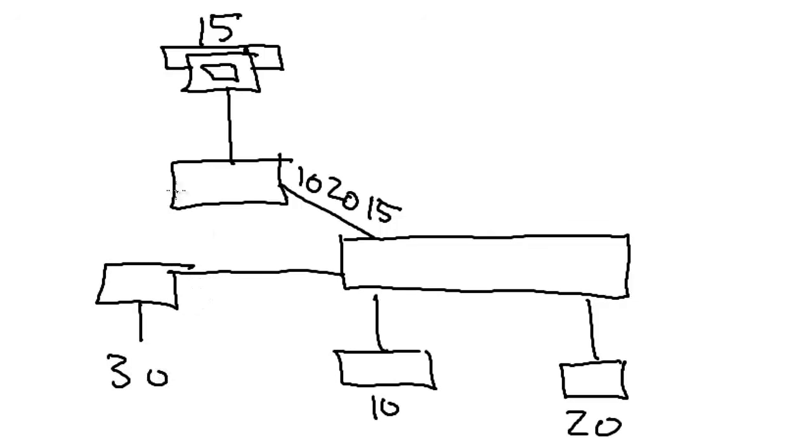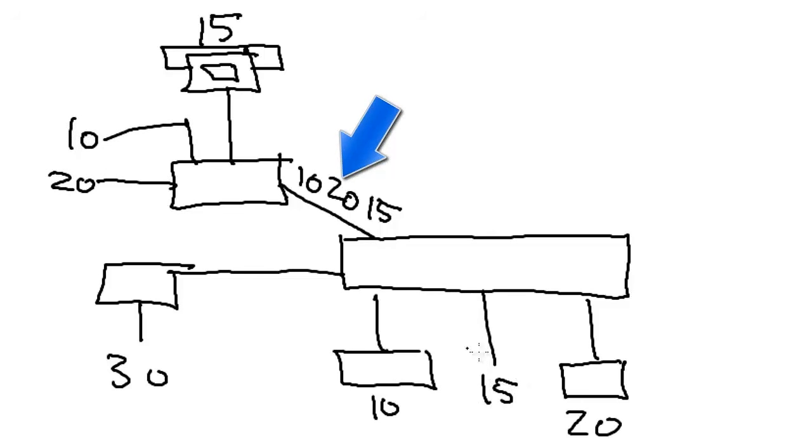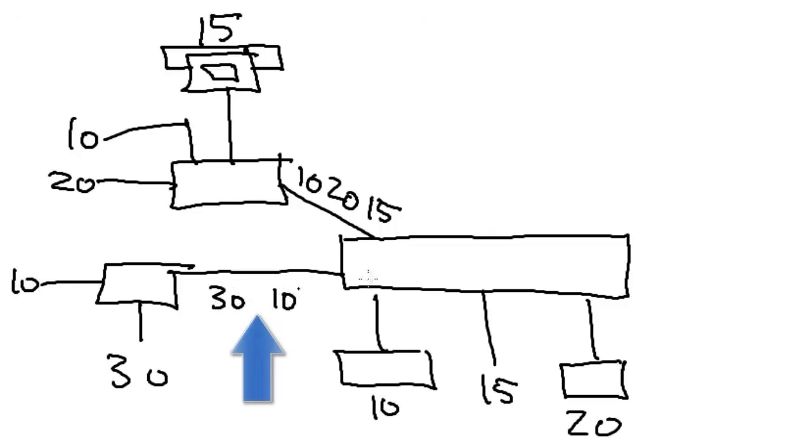If there are VLANs in other areas of our enterprise, let's say VLAN 10 and 20 and VLAN 15 are scattered throughout, obviously the trunk links are going to be needed in order for traffic to pass over our network. So as you can see on the trunk links that we're configuring, we configure only the VLANs that are needed over a trunk link. So on this example with this switch, we just need 10 and 30 to traverse that trunk link. Between these other two switches, we just need VLANs 10 and 20 and 15 to traverse the other trunk link.